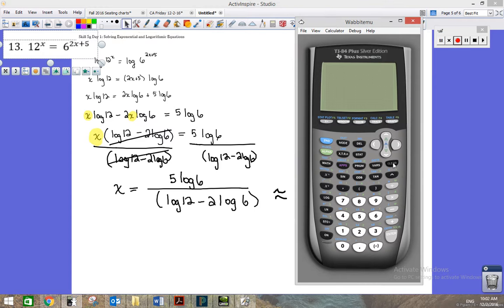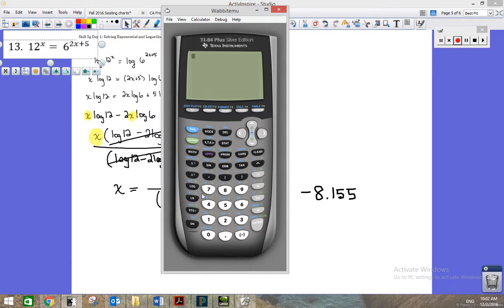Let's check that and go back to the original equation, and let's take 12 raised to this answer. Now, since this is an approximation, the left-hand side and right-hand side of this equation will most likely not be exactly equal to each other, but they should be pretty close.